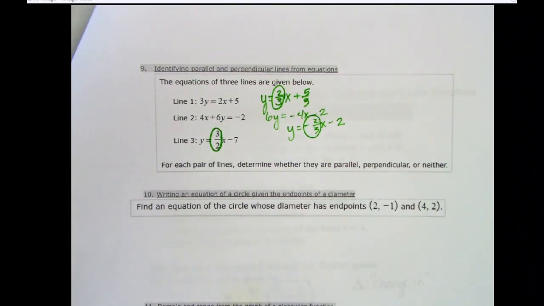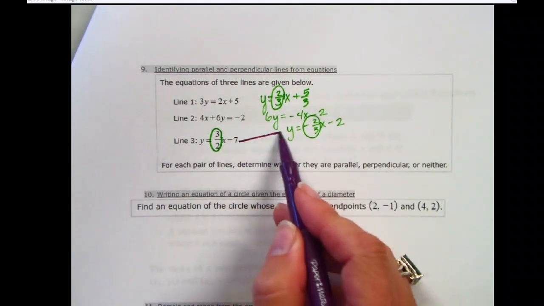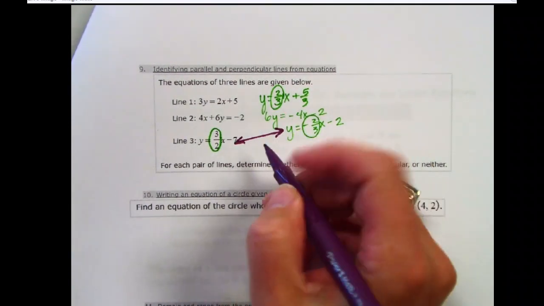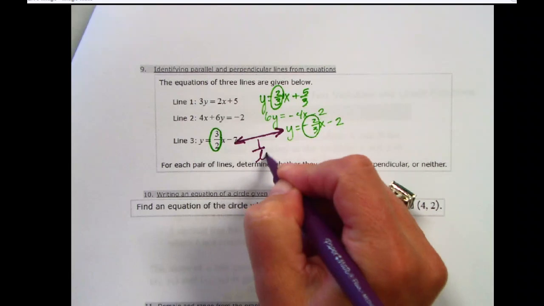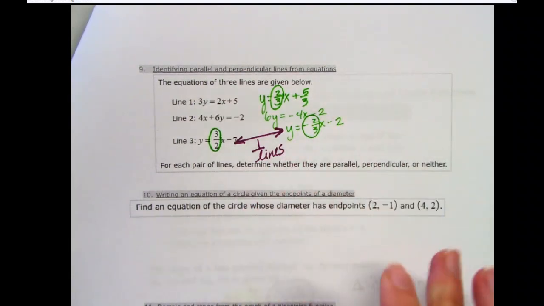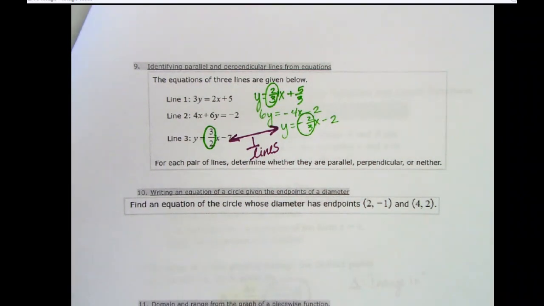Are any of them parallel? None of them are the same. Are any of them perpendicular? These guys? Those guys are perpendicular lines, because they are opposite reciprocals.